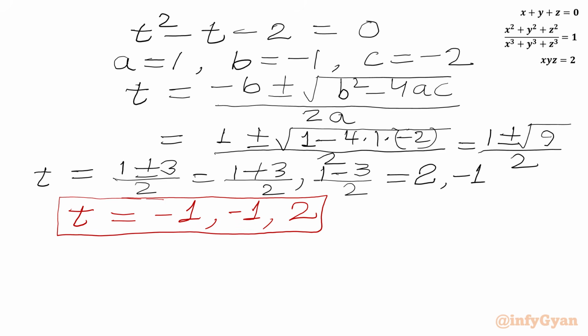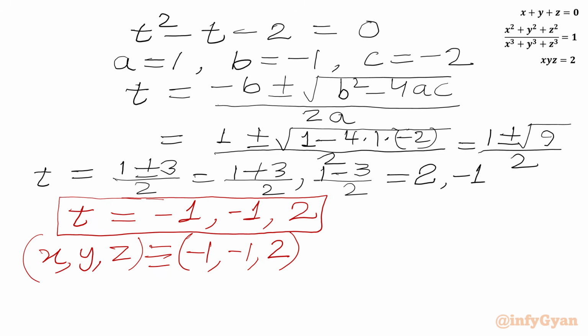So I can write x, y, z, the ordered triplet. I will write here minus 1, minus 1, 2. Then I will write minus 1, 2, minus 1. Then we can write 2, minus 1, minus 1.